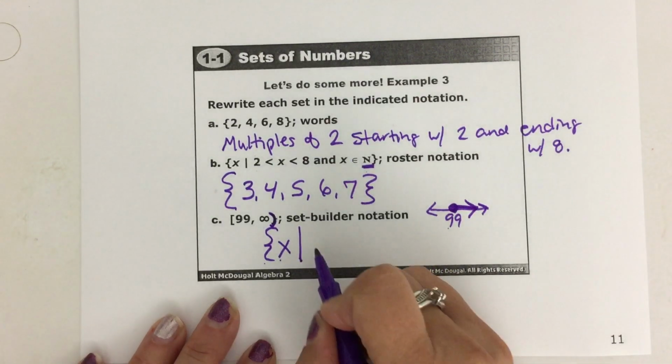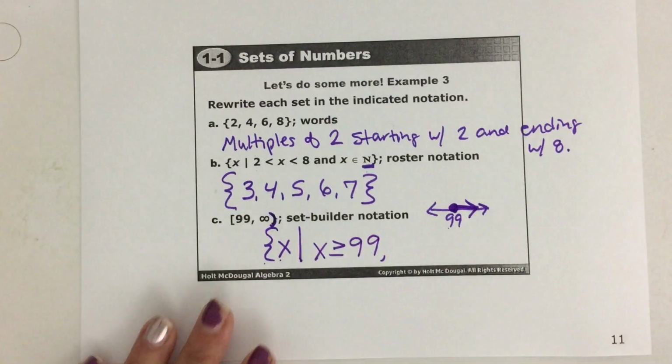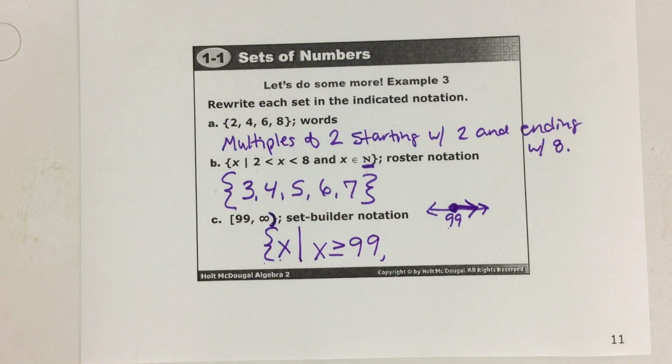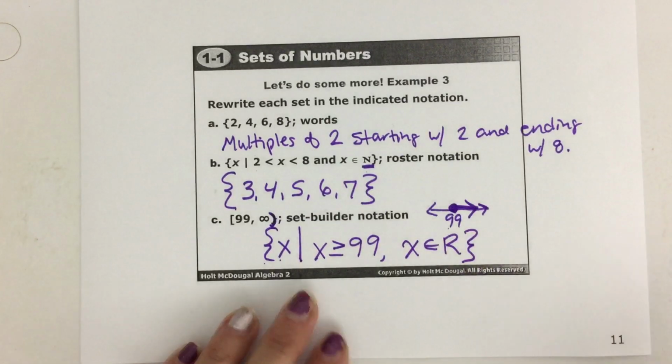Now it's the inequality. X is greater than or equal to 99. They have no restrictions. So what we're looking at is it can be anything. It could be 99.99999, 99.9999998. It can be 100.003. They did not give us any limitations, so the only thing that we know is that X is going to be a real number.